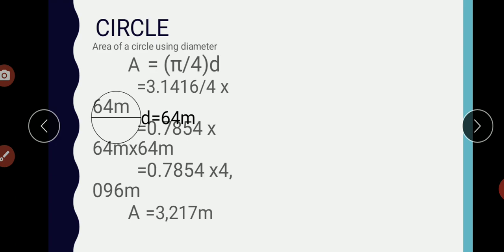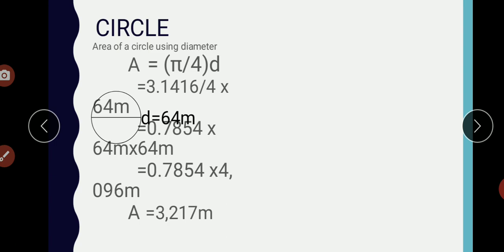Next, what if the given is a diameter? The formula is area is equivalent to pi divided by 4 times diameter squared. So still the value of pi is 3.1416 divided by 4.